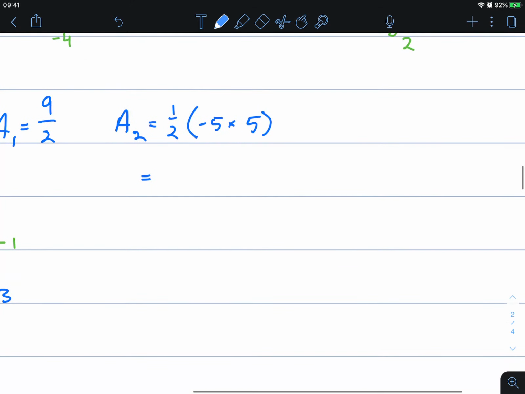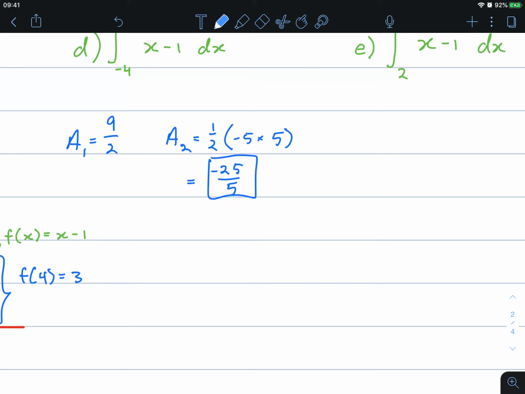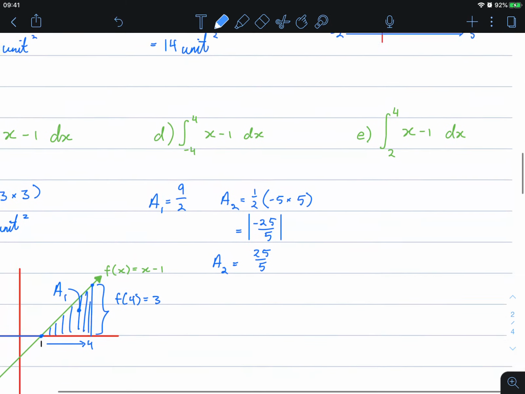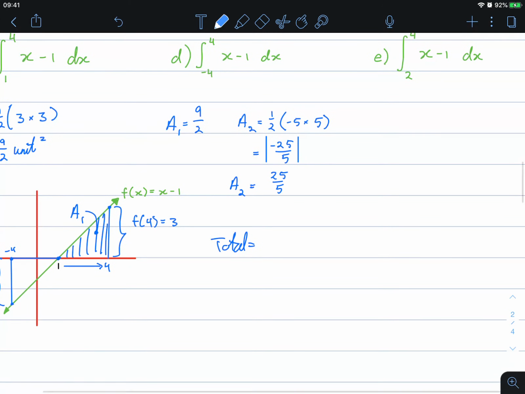This gives us -25 on 2, but obviously area cannot be negative, so we're just going to take the absolute value, giving us area 2 equals positive 25 on 2, which means our total is going to be 9 plus 25, which is, oh no, wait, that should have been a half, sorry.